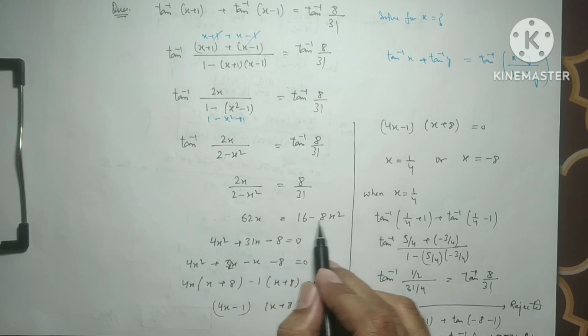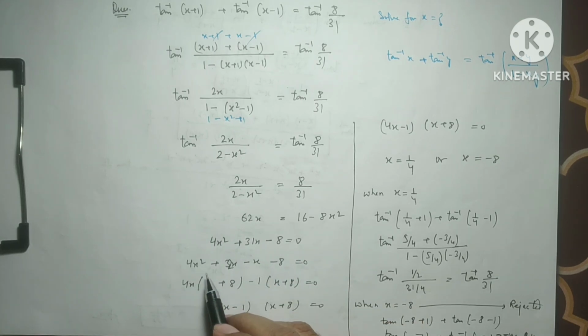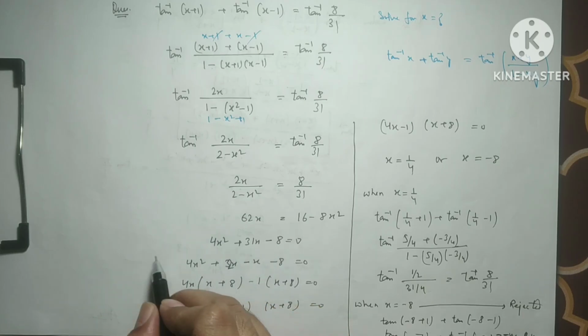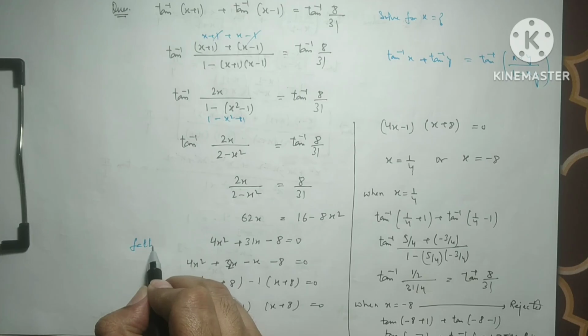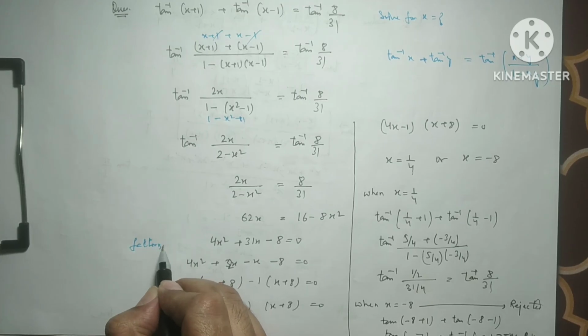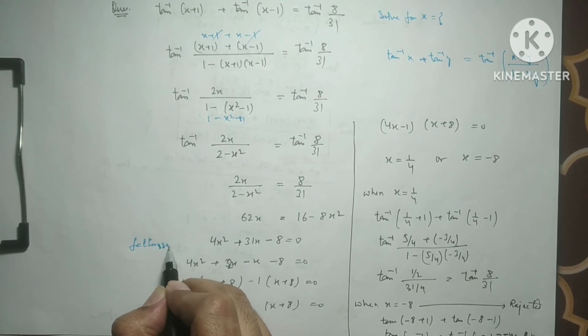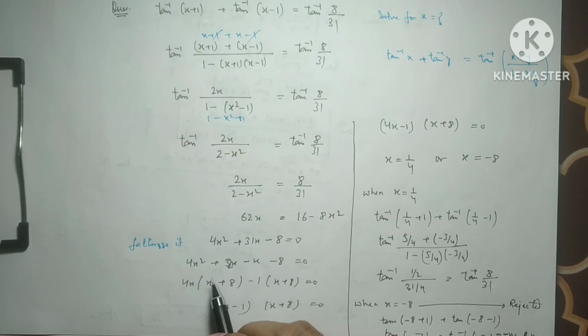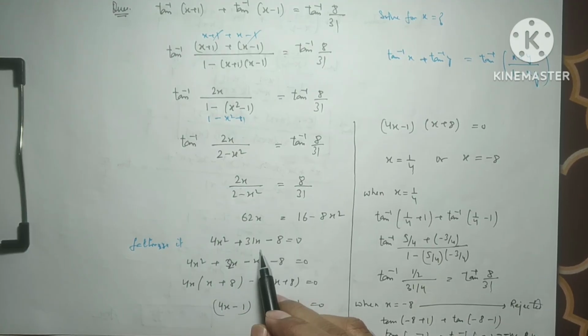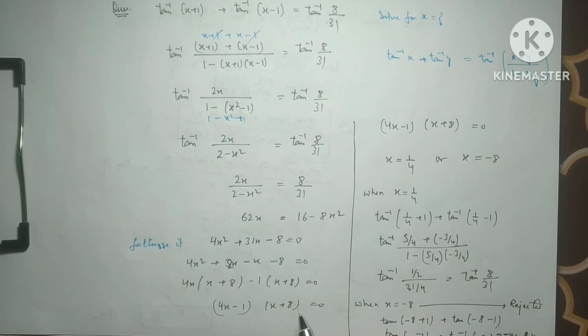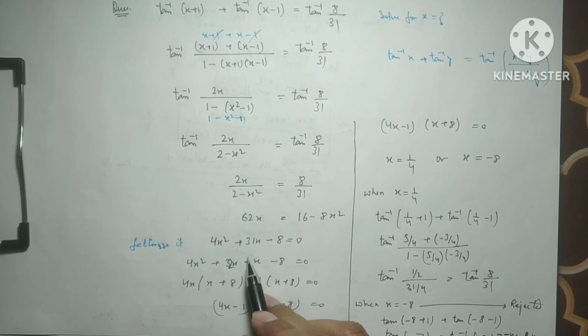We will divide this equation by 2. So it is this equation. Right now factorize this. So on factorization we get 4x square plus 32x minus 31x minus 8. So 32 and 1 are the factors.